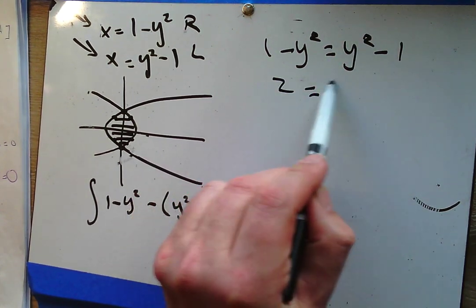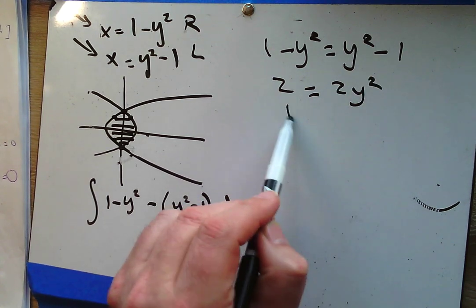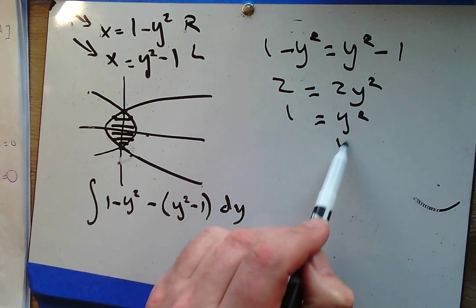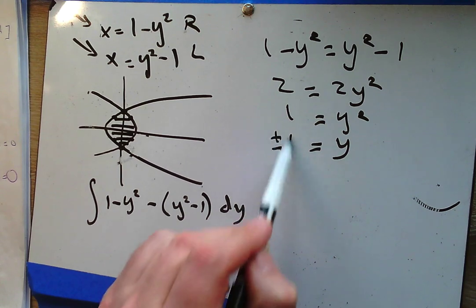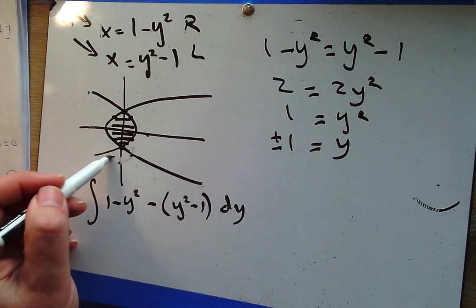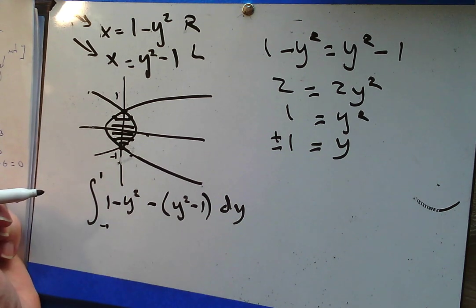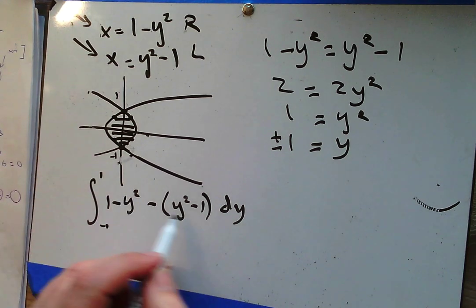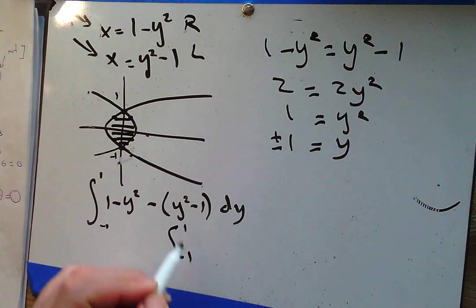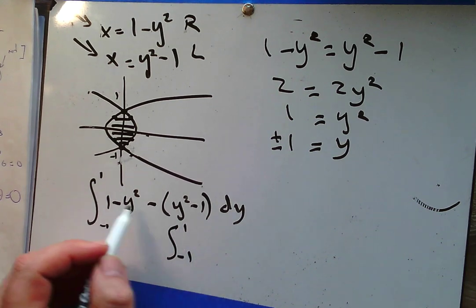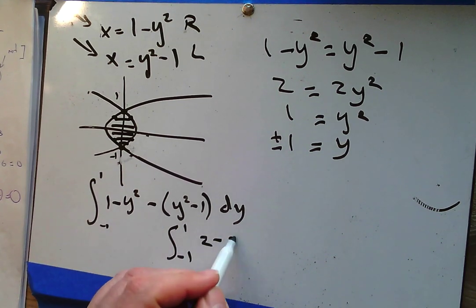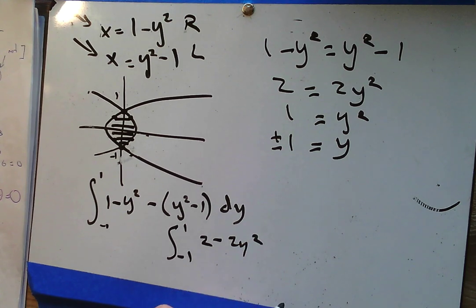So I get 2 equals 2y squared, 1 equals y squared, y equals plus and minus 1. So there's negative 1, there's positive 1, and that's where I'm integrating. And so here I'm integrating negative 1 to 1 of 2 minus 2y squared.